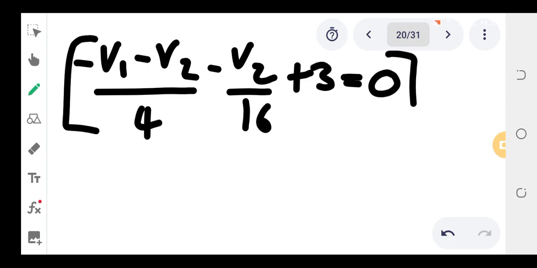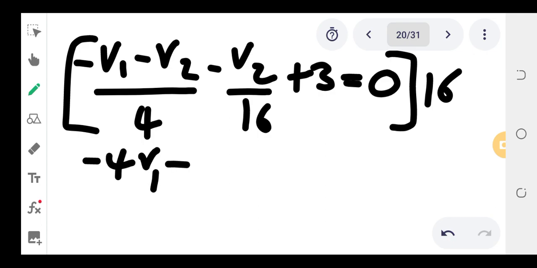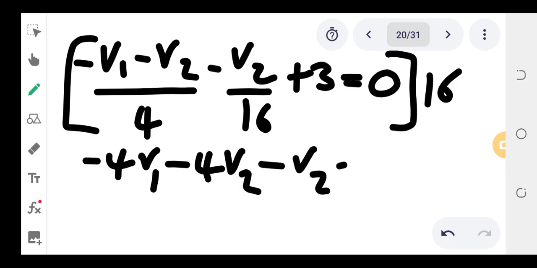So let us multiply this throughout by 16. Multiplying throughout by 16, we get 4V1 minus 4V2 minus V2 plus 16 times 3 is simply 48.